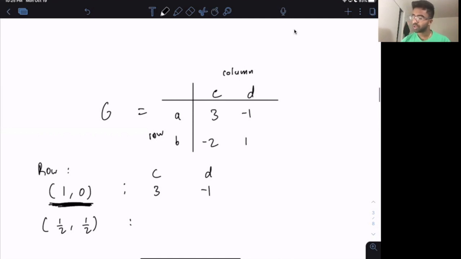So again, just to make this super clear, in this case, if row plays with the strategy 1, 0, and let's say row announces it publicly, that it's going to play A with 100% probability, it becomes clear then that the expected payoff is higher if column plays C. And again, column's main goal is to minimize this, right?